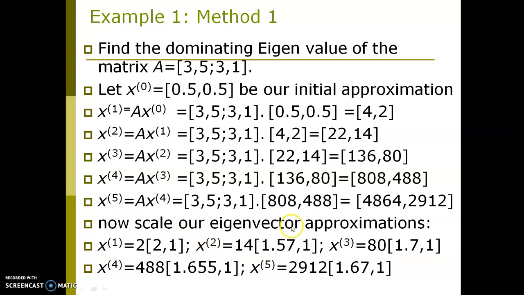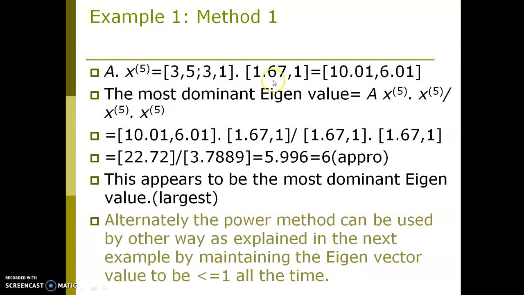We can now calculate eigenvector approximations by taking 2 out, we get x1 as 2, 1; taking 14 out, x2 as 1.571 and so on; and for x5 we get 2912 taken out as 1.671. So 1.671 could be taken as the corresponding eigenvector. When we multiply this with A, we get 10.01 and 6.01.